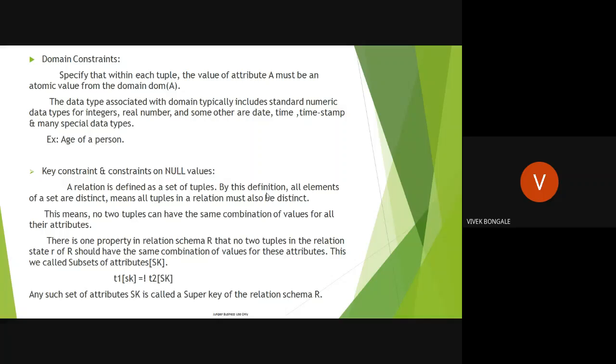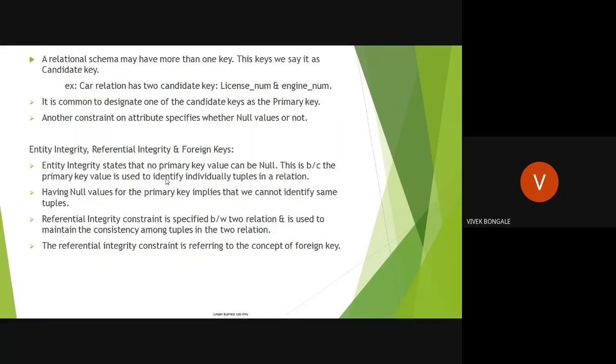If we give the same value to the primary key, we're going to hit an error called the key constraint. And also for that attribute we cannot place a null value. There also we're going to face a key constraint error.